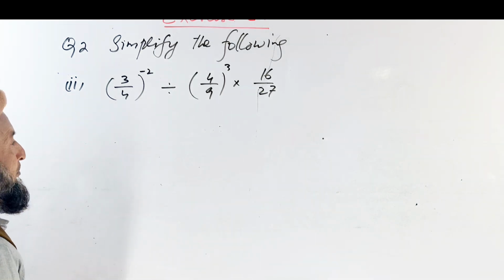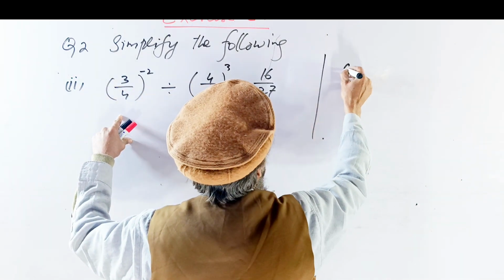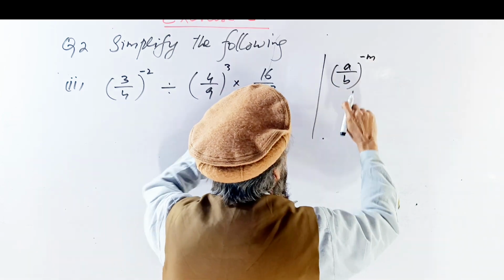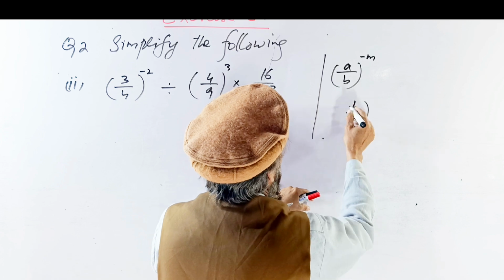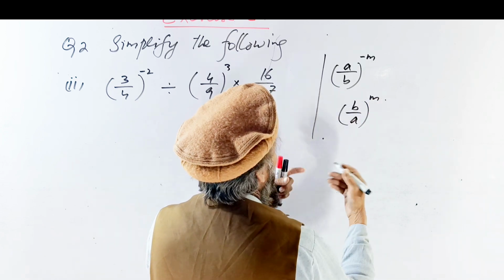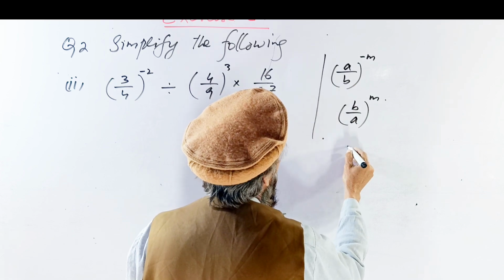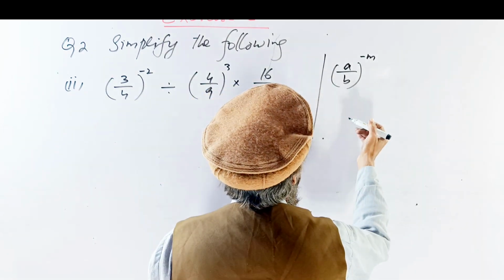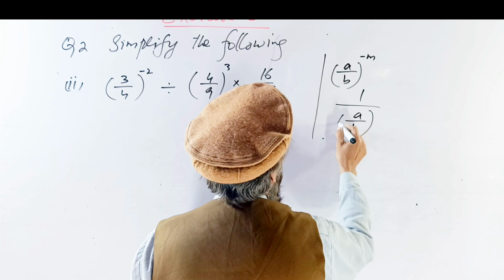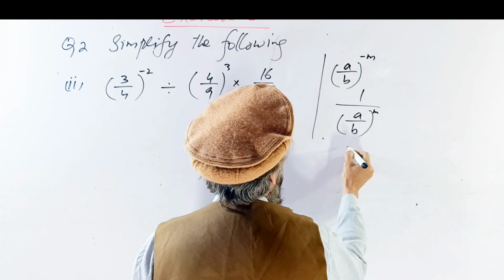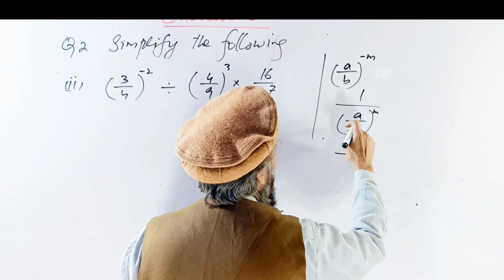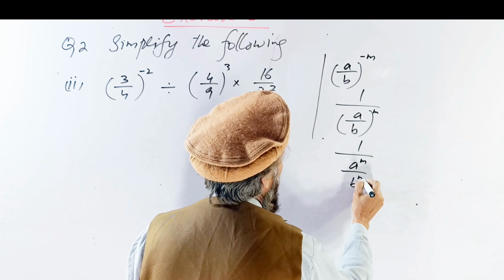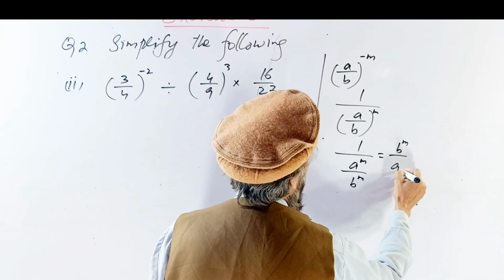According to this property, a divided by b whole power minus m: if we change this, the denominator is changed into the numerator, and the sign becomes positive. So we can write 1 divided by a divided by b whole power m, which is b power m over a power m.